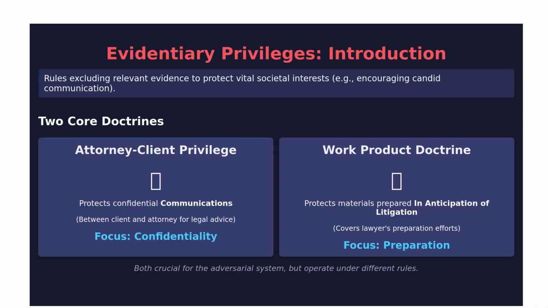In contrast, the work-product doctrine protects materials prepared by an attorney or their agents specifically in anticipation of litigation or for trial. While both doctrines are essential pillars supporting our adversarial legal system, they serve fundamentally different functions and are governed by distinct rules regarding scope and application. Understanding this initial distinction is key to mastering privilege analysis moving forward.